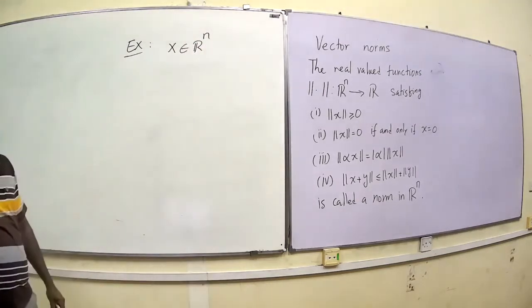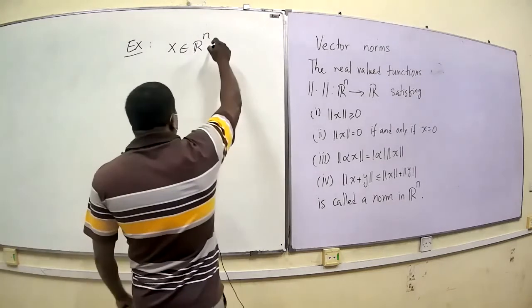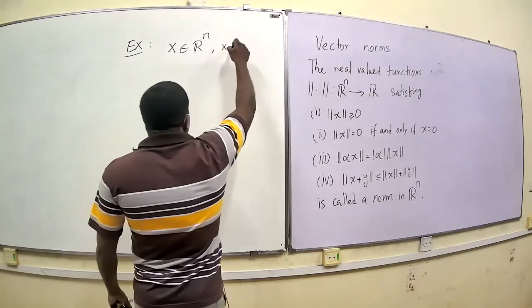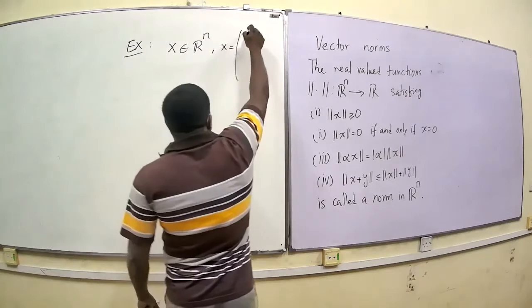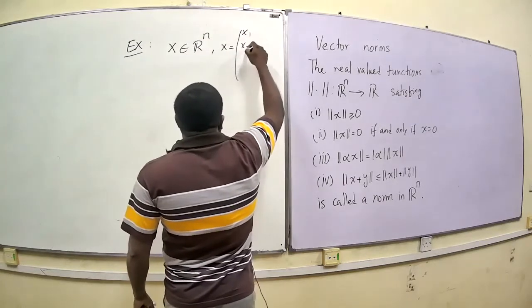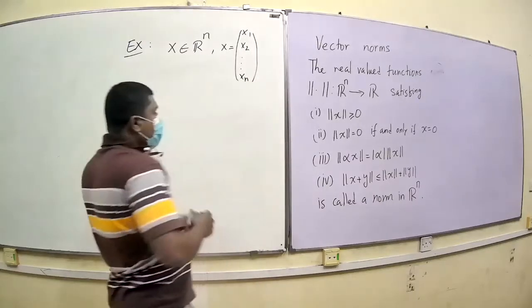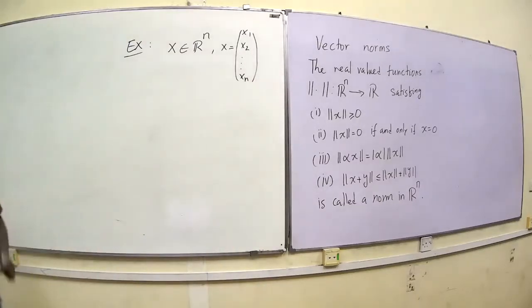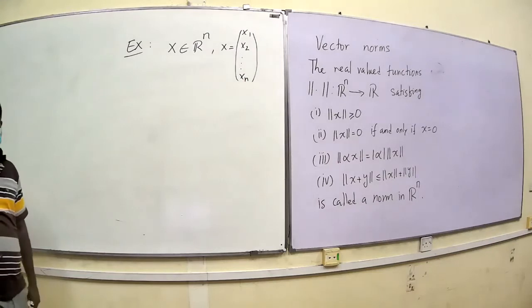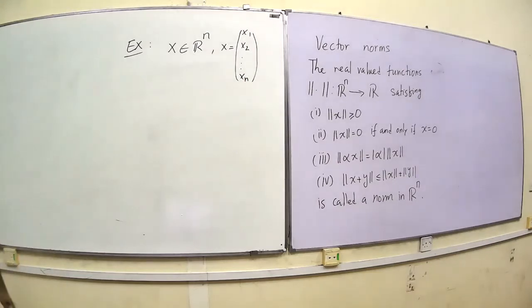Let x be an n vector. Then you can write x with n components, x1, x2, all the way up to xn. This is what we mean by the vector with n components belonging to Rn.